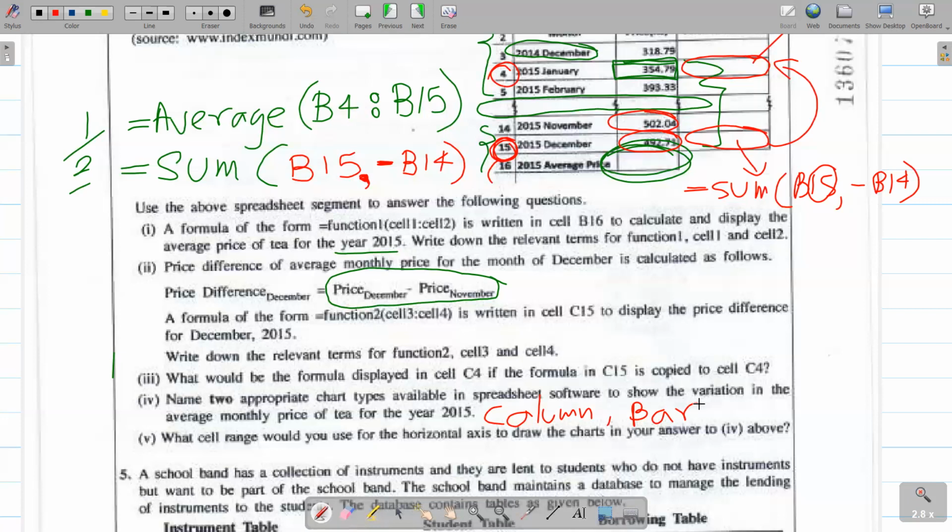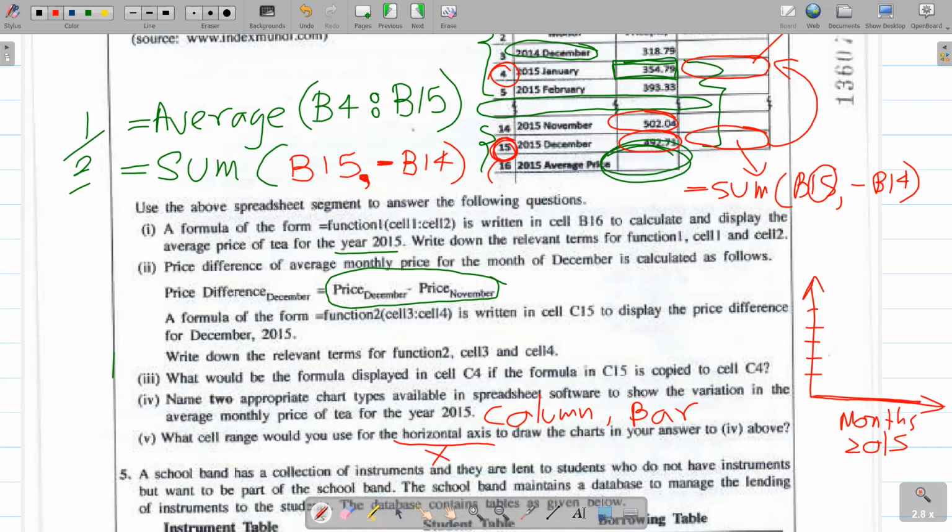They are asking about the horizontal axis, that means the x-axis. So if we are drawing a particular chart, this side is going to be months in 2015, and this will indicate the value or the monthly price, right?